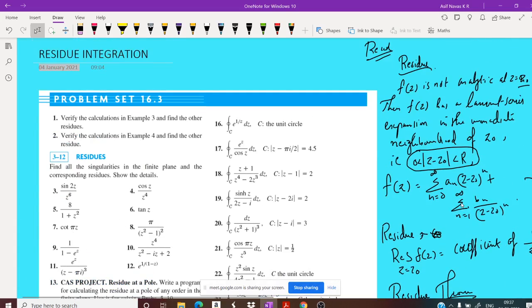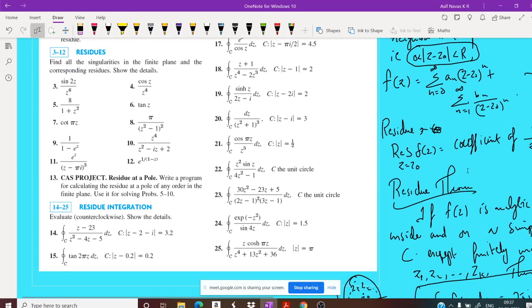So now what we will do is find all the singularities in the finite plane and the corresponding residues.